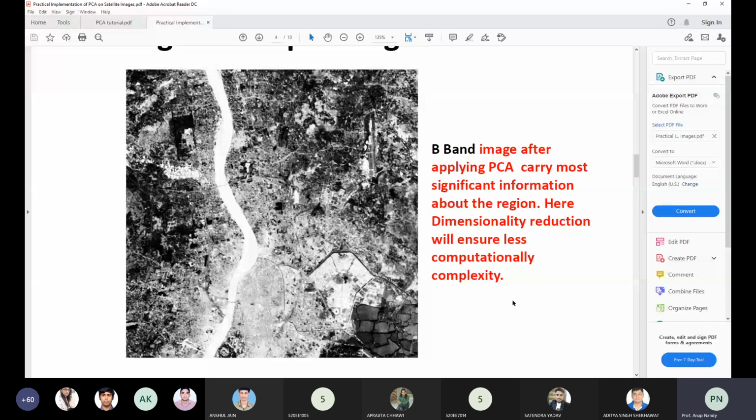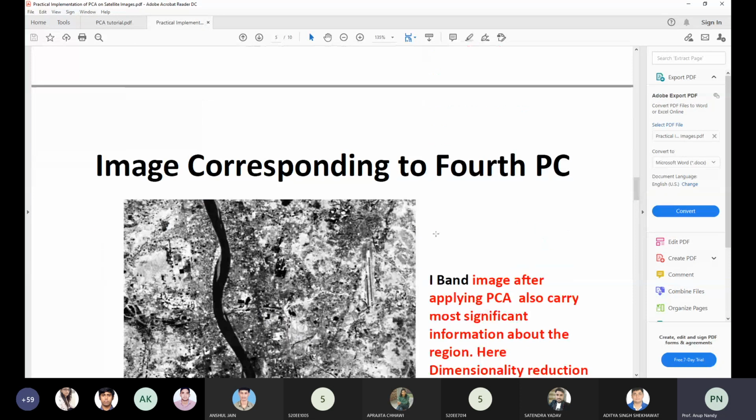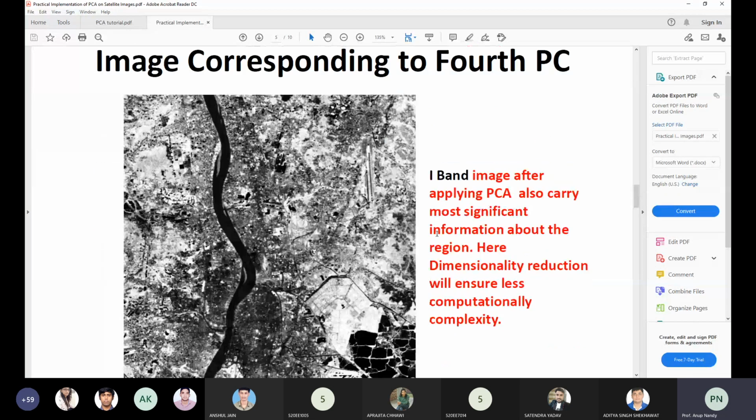The images that you are going to see now are all contrast enhanced, not the actual images, because I applied a contrast enhancement technique so that you can visualize whether the pixel intensities really preserve the information. You have just transformed the original data from the higher dimensional space to a lower dimensional space, the eigenspace, and the information there is also good.